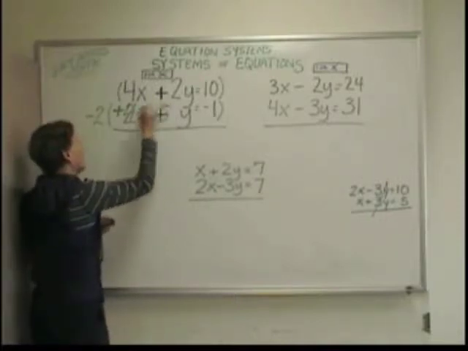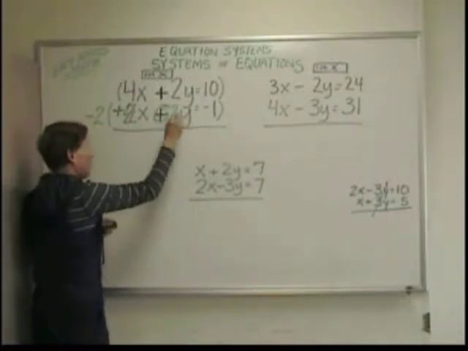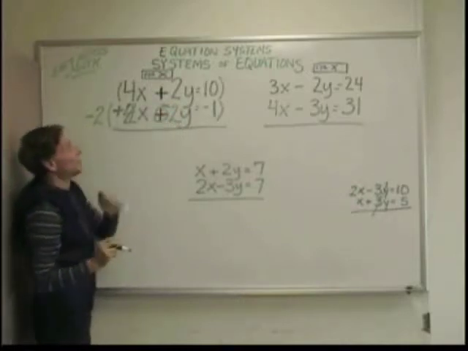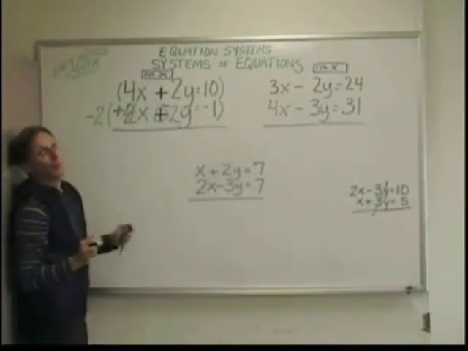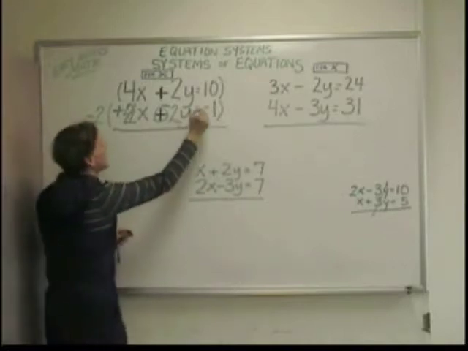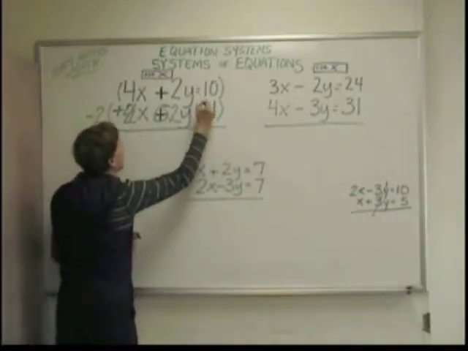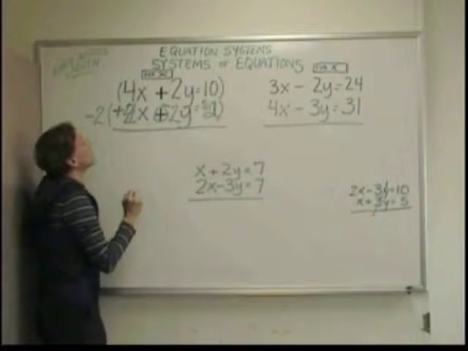This will change to minus and multiply by 2. That was an imaginary 1 there. You know, when there's no number, it's a 1. And -1 times 2 is +2.